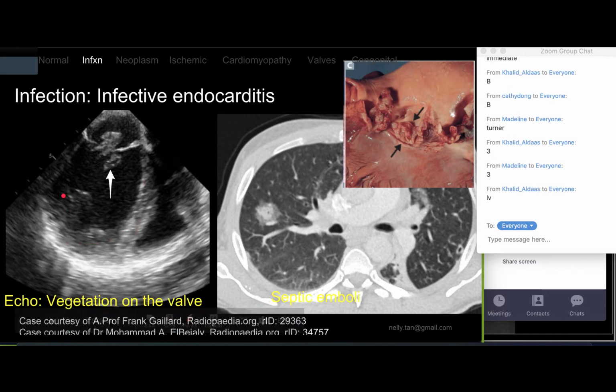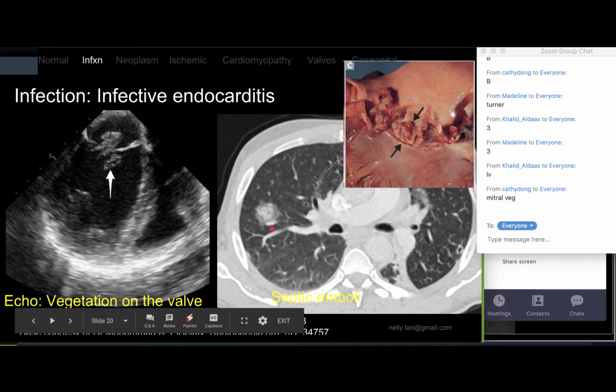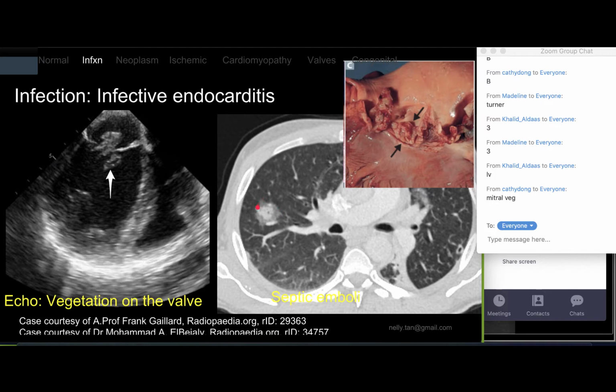So it's LV, right? So what valve is this? And is it normal? Good. So there's mitral regurgitation. And this is a CT scan of the chest, and you see this opacity with ground glass halo. And that, in the setting of a patient with infective endocarditis, is septic emboli.